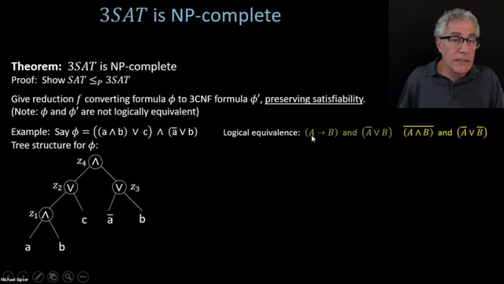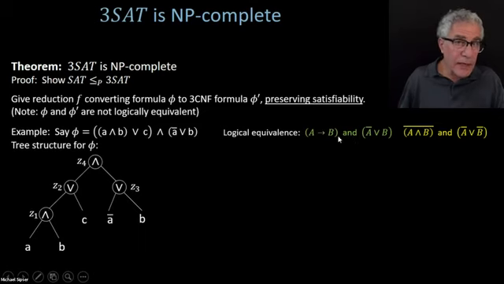This requires that if A is true, then B is true. However, if A is false, B can be anything. And similarly, if B is true, A can be anything. The only thing that's prohibited is that A is true and B is false. That's the only thing that would be invalid.